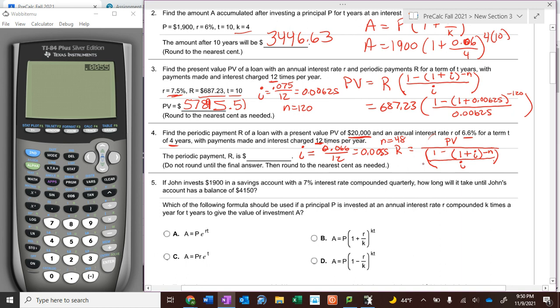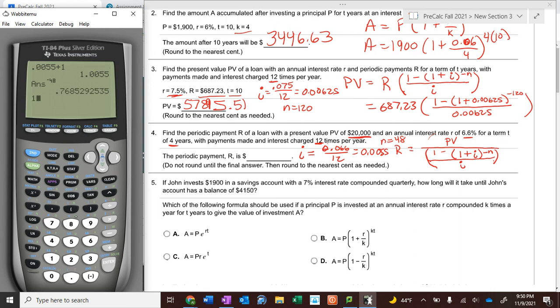So we work inside out here, and then we'll do this last division at the end. My i here, I'm going to add 1 to it. And then the n, I'm going to take it to the negative 48th power, and I get that number.